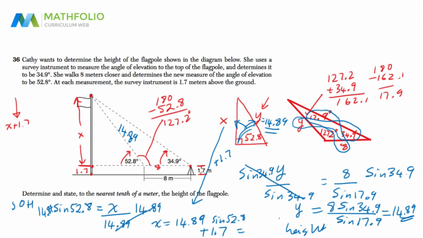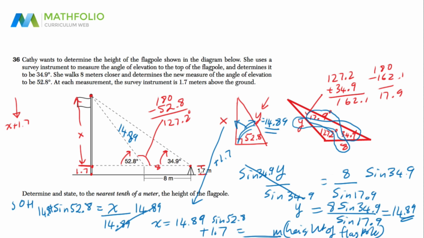And the height is measured in meters. I'm just going to write height of flagpole. But my answer is going to go right here. So we change color to green. Type all of this in my calculator. So I got the 14.89 and change times by sine 52.8. Press enter.